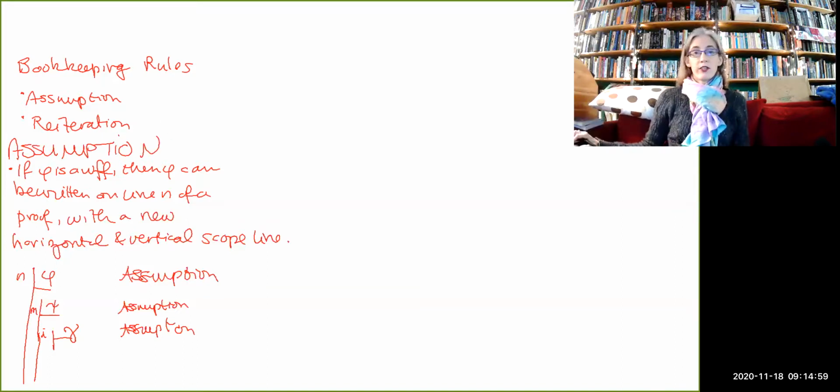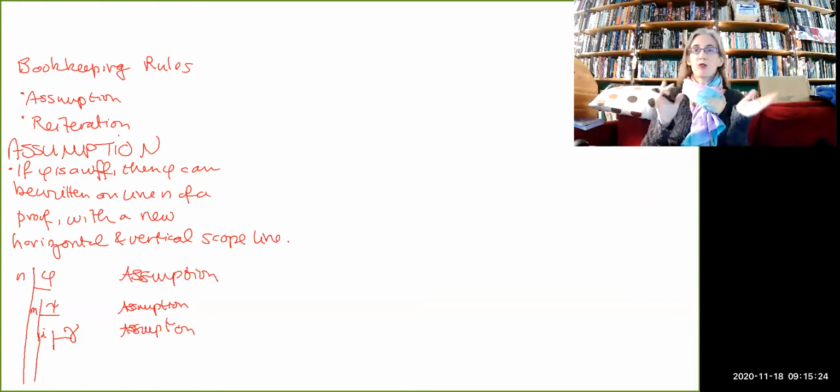Now, the reiteration rule is basically exactly what you would expect given what we've seen for the reiteration rule in the syllogistic. If you have a formula written on a particular line in your proof, then you can write it down again on another line lower down. There are a couple of caveats though, because we have this more freedom and flexibility with our assumptions.